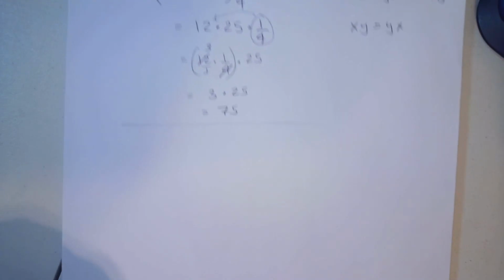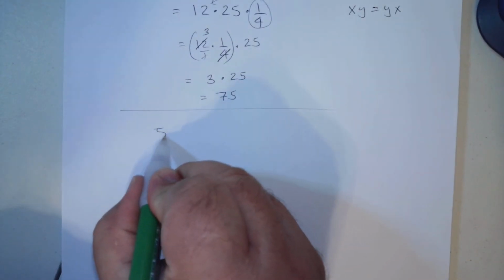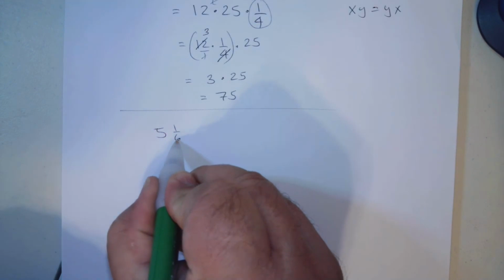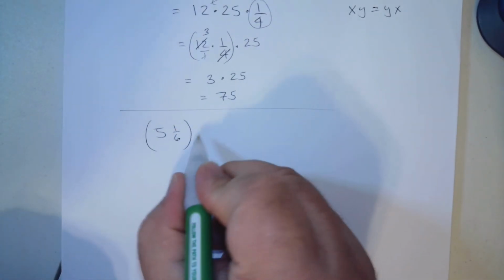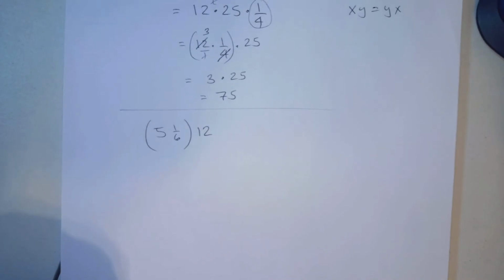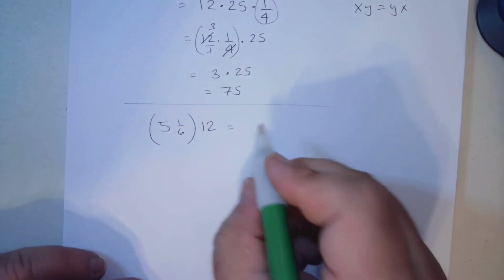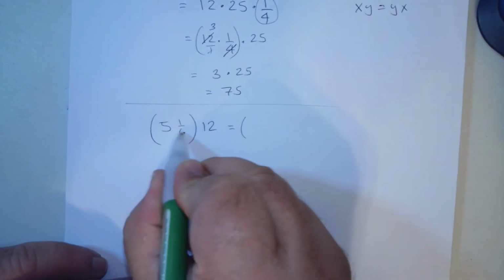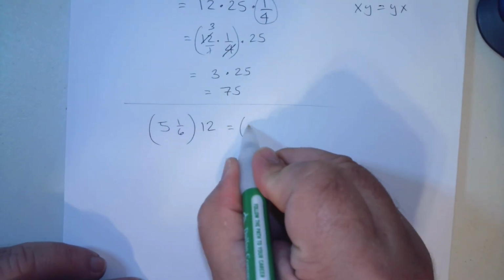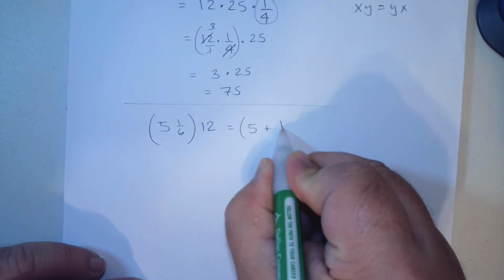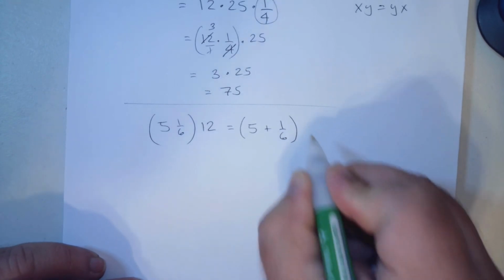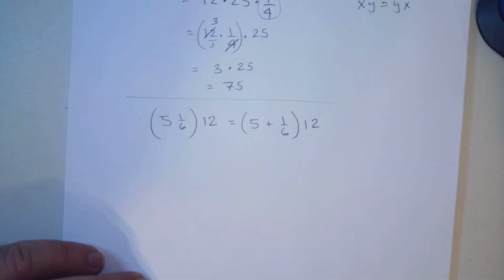That's one example. 5 1/6 times 12. Remember, since this is a mixed number, it's 5 plus 1/6, times 12.